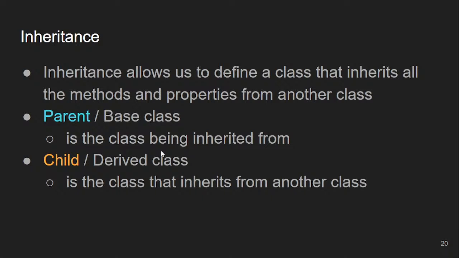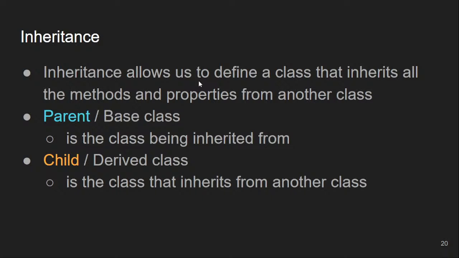The class that you are inheriting from, we call the parent or base class. Then the class that does the inheriting, we call the child or derived class. It's being derived from another class, that's why they call it a derived class.